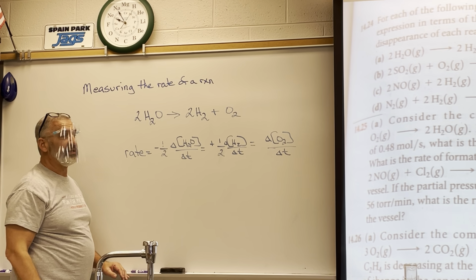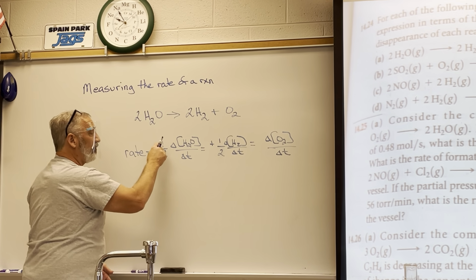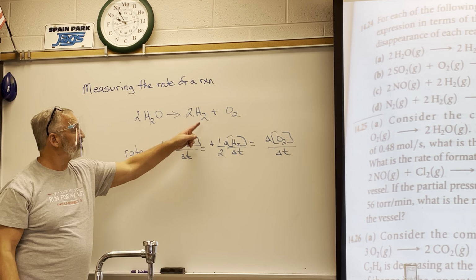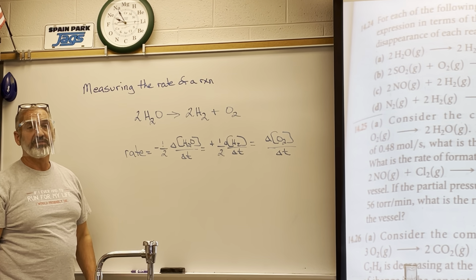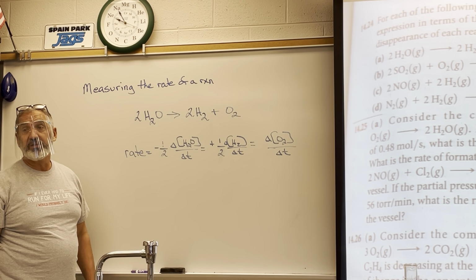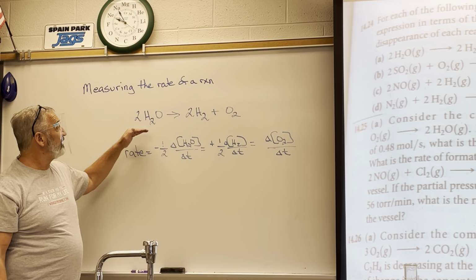Mathematically, oxygen's rate is 1/2 the rate of the water's and 1/2 the rate of formation of the hydrogen. So you just put it 1 over, and that's how we write the relative rate law. But we can really kind of figure it out.